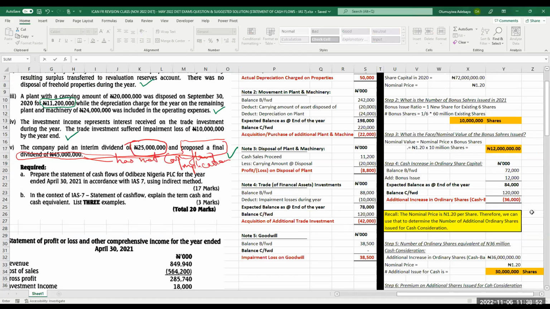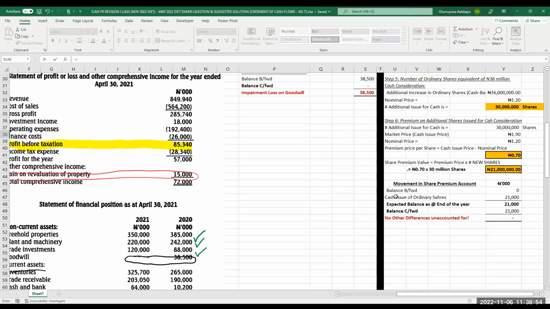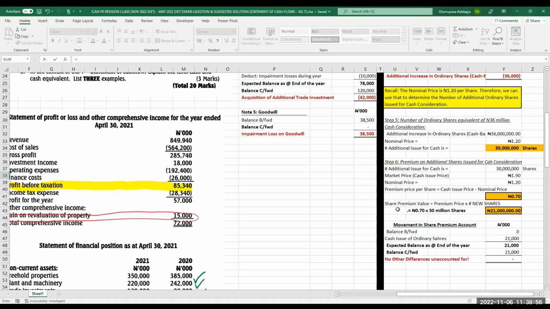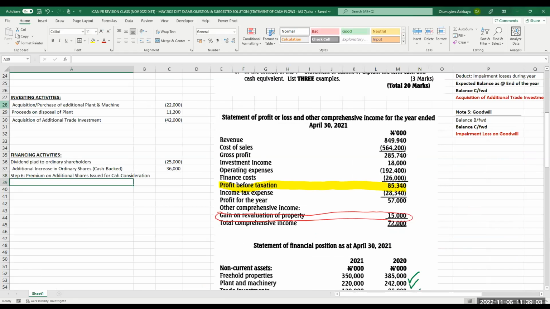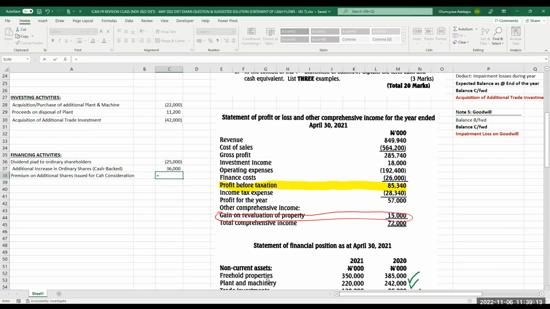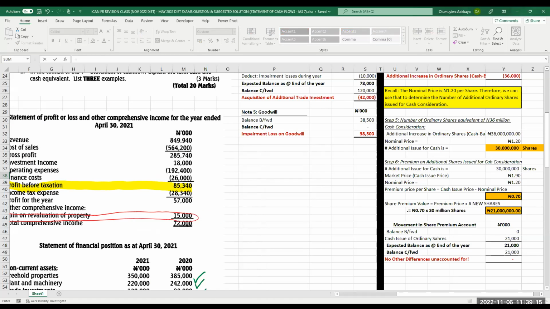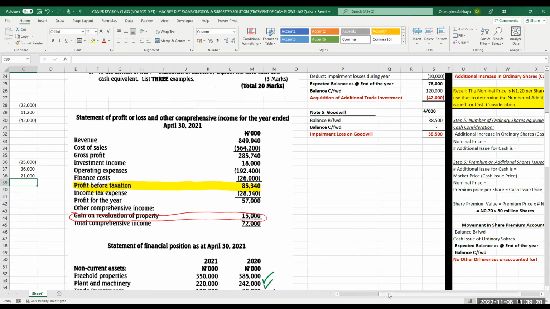The premium aspect is 21 million. And that is that.